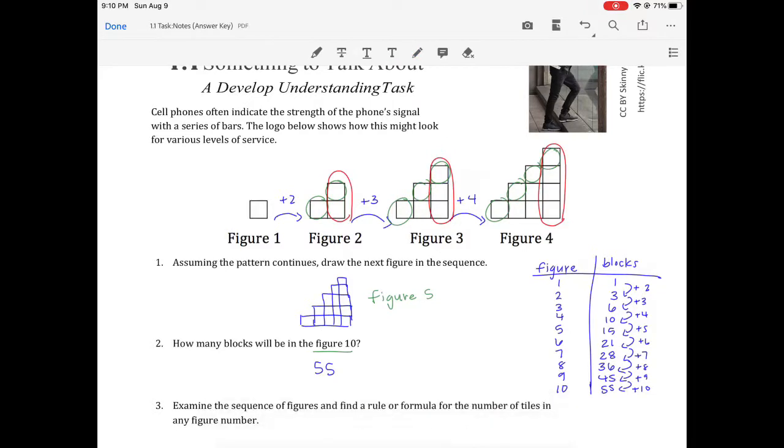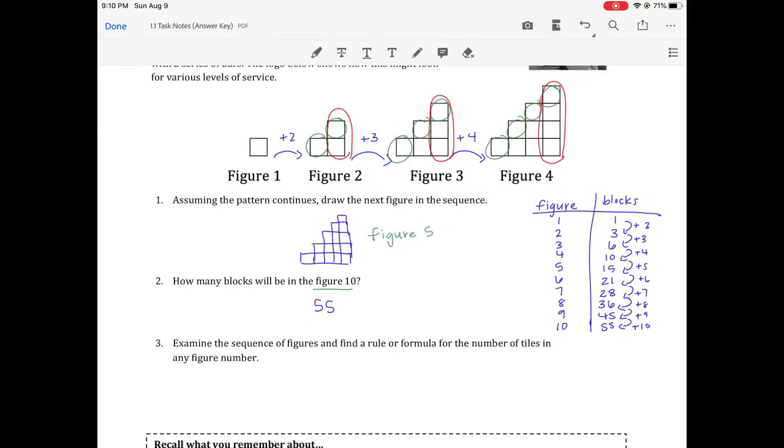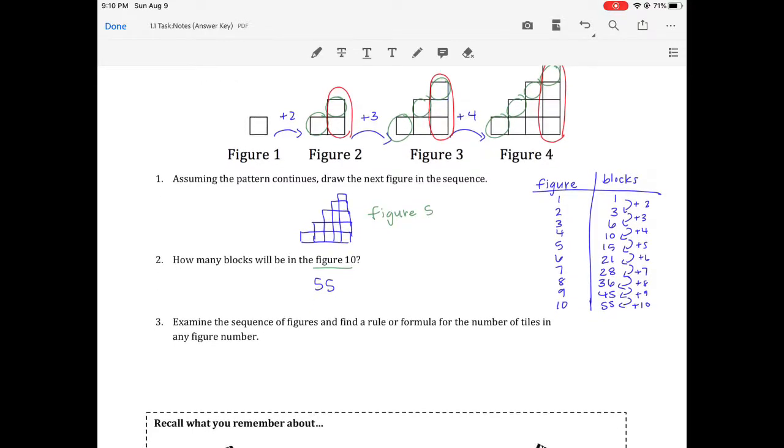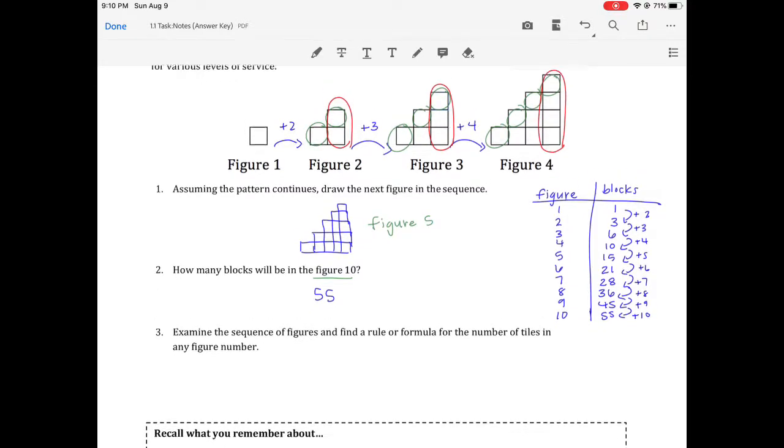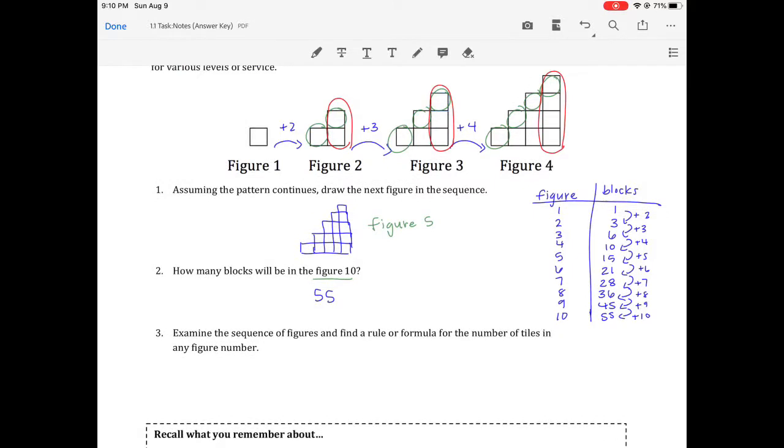Okay, so those first 2 I think were pretty straightforward. So now we want to examine the sequence and find a rule or formula for the number of tiles in it. So here you may notice, if you just wanted to put it in words, that we're adding the figure number to the previous term.